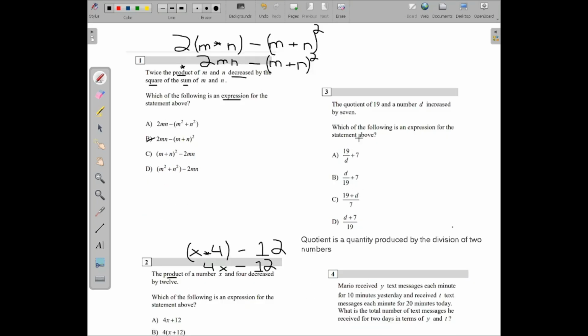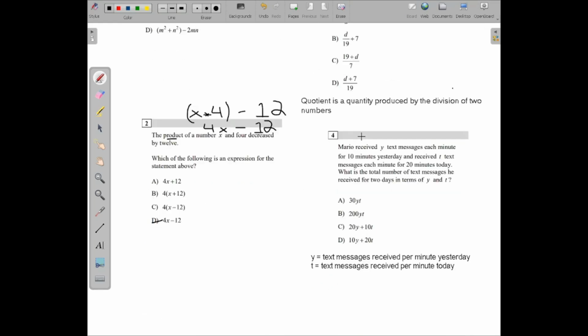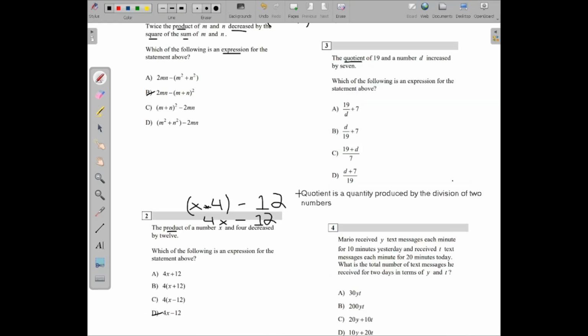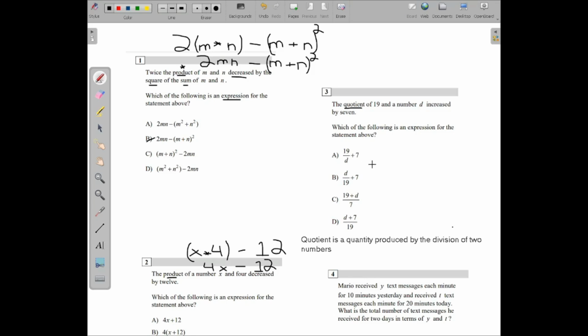Now the third one. This statement says the quotient. Quotient is the result of a fraction. The quotient is a quantity produced by the division of two numbers.